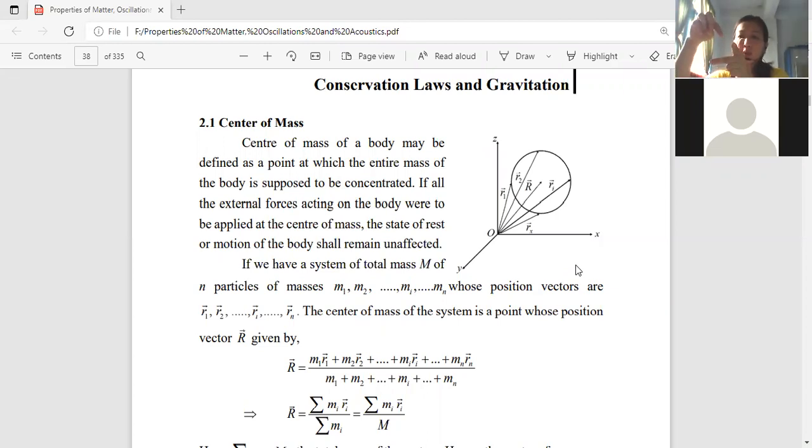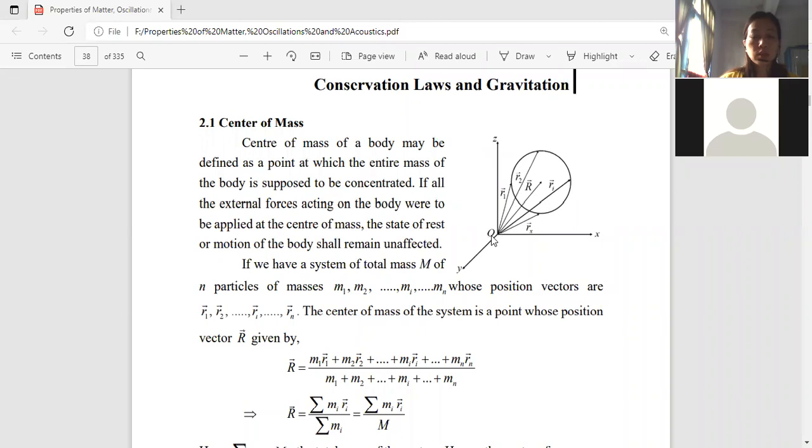The point will be somewhere around here. If we join the points from here to here, these are the position vectors. This is the actual point that we are considering, so this is the center of mass. We join the center of mass with the origin of the coordinate system.